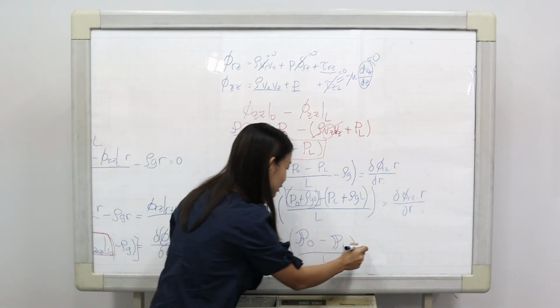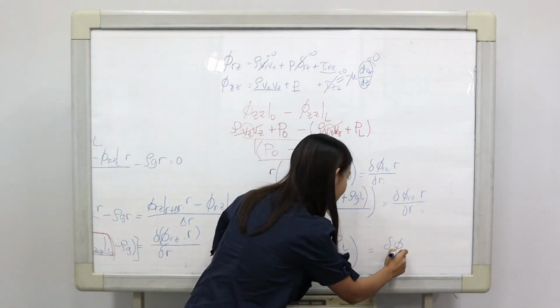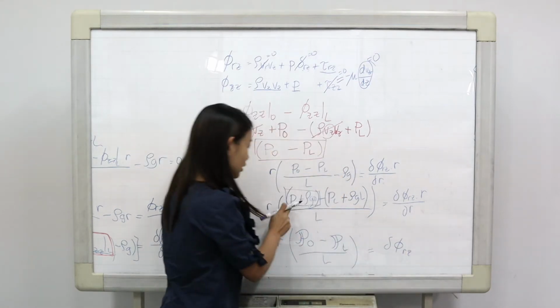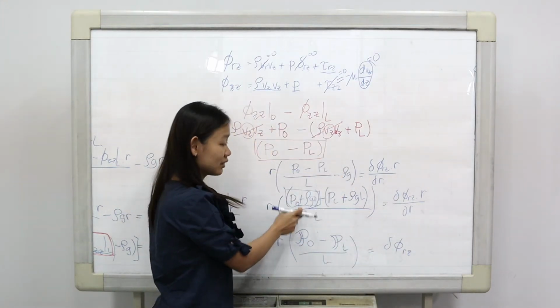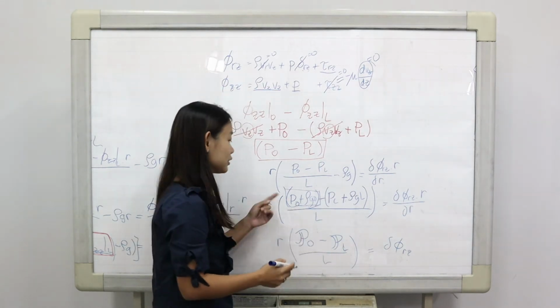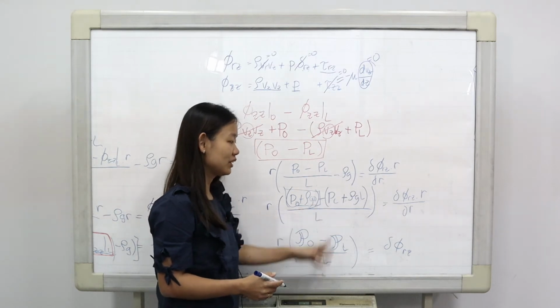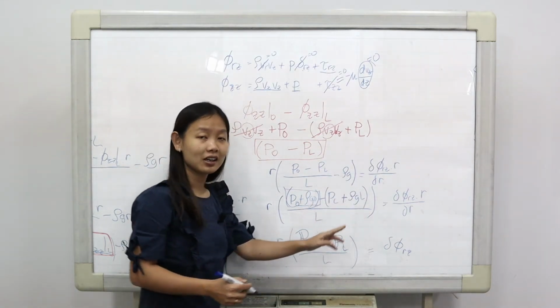Yesterday you had the modified pressure as P minus rho GL, P minus rho G0. But today your modified pressure is P plus rho G0, P plus rho GL.